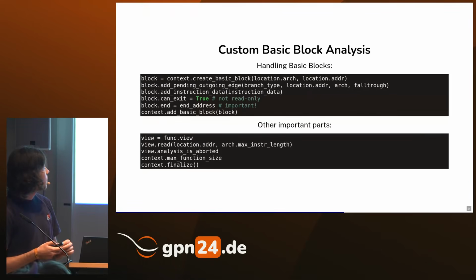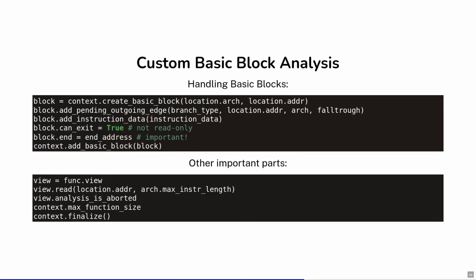How do we do basic block analysis? These are the important APIs gathered on a slide. Most of them are for handling basic blocks, and the obvious start is we want to be able to create basic blocks that start at a certain address. We also provide the architecture always, because there could be an architecture that has multiple subtypes, but for us it's always the same one.